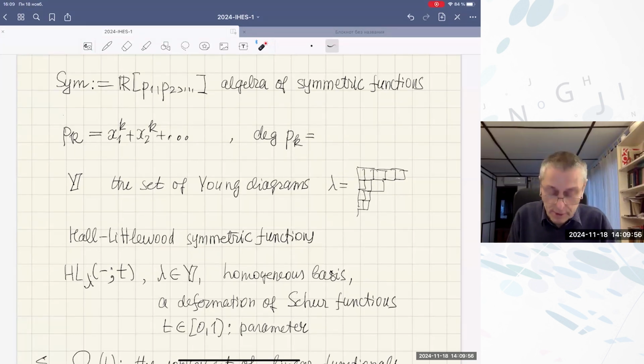Just as the Schur symmetric functions, the Hall-Littlewood symmetric functions form a homogeneous basis in this algebra of symmetric functions. They depend on a parameter t. They are, in fact, a particular case of a more general notion, the Macdonald symmetric functions, but I need only Hall-Littlewood ones. And they are indexed by lambdas, which are arbitrary Young diagrams.